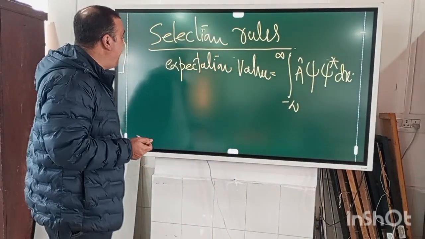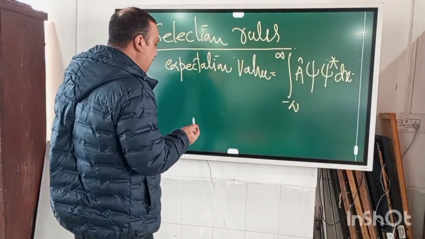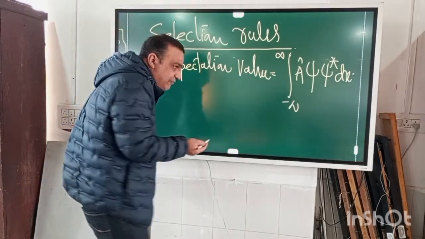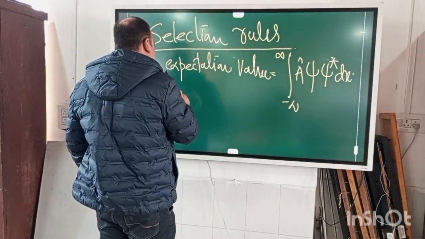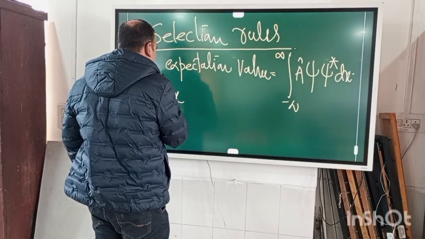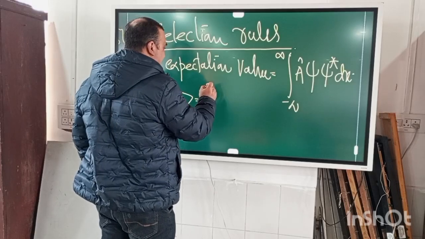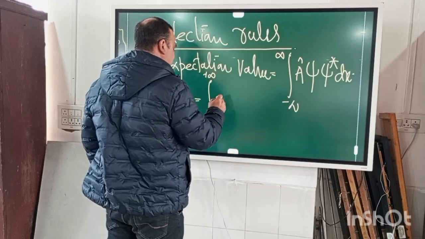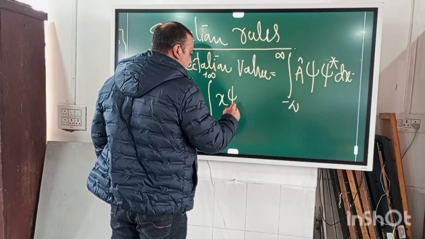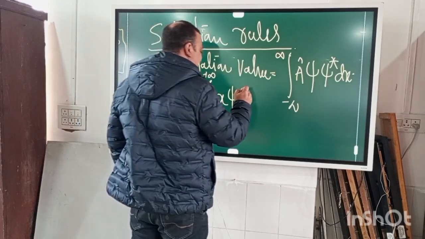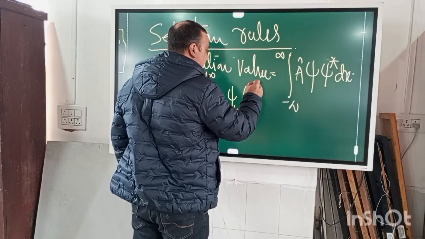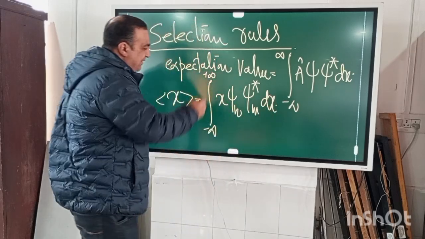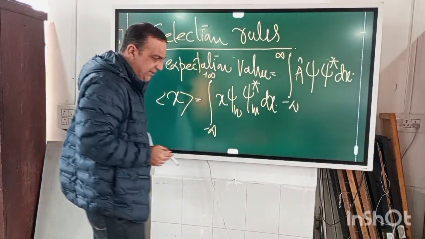For that, suppose we are making a transition, and I calculate the expectation value from minus infinity to plus infinity, over x. I have a transition to the nth state, and this transition has to happen from n dx. Now this integral will give me the measure of the expectation value.